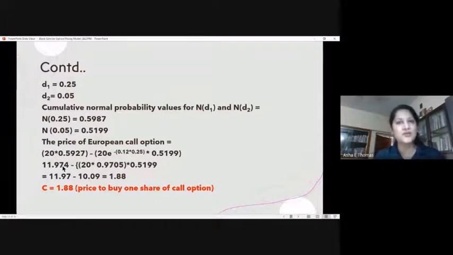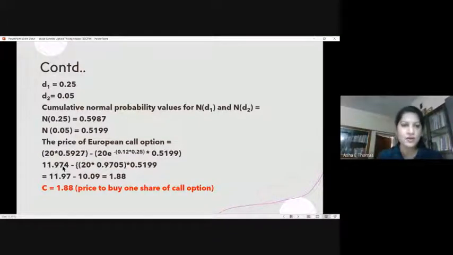There are a lot of software packages which will help you compute the Black-Scholes option price, that is the theoretical price, at every moment based on the fluctuation in market prices.